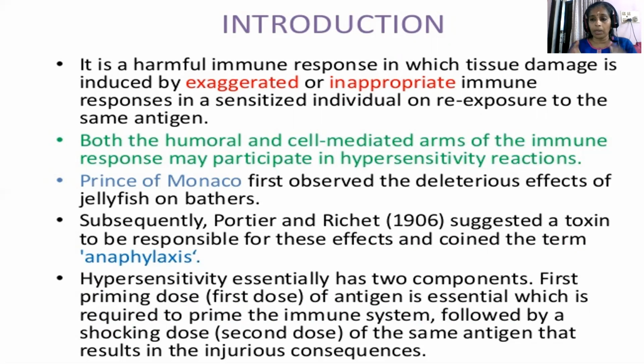First is a priming dose: the initial dose of antigen is essential to evoke a hypersensitivity reaction, followed by a second, shocking dose of the same antigen, which results in injurious consequences. So for a hypersensitive reaction to evoke, it requires two doses, an initial priming dose and a second shocking dose, which could cause the deleterious reaction.